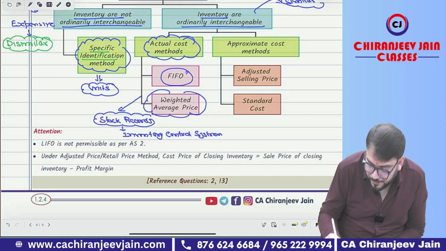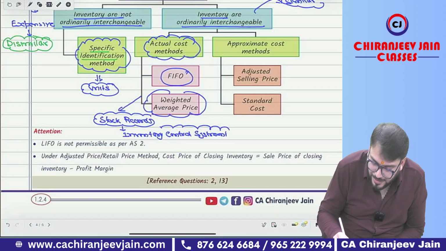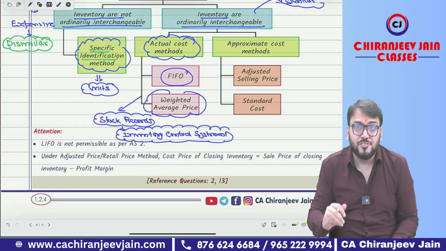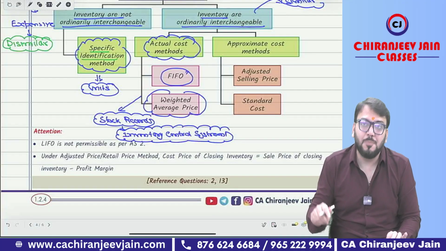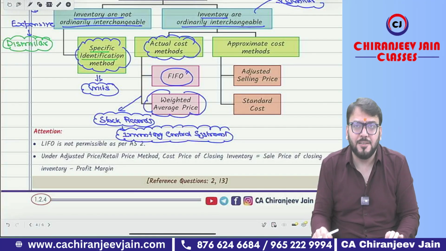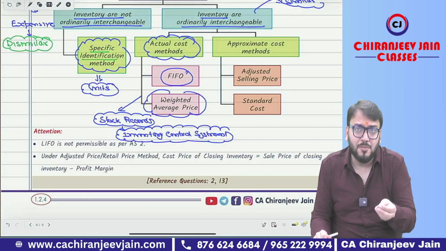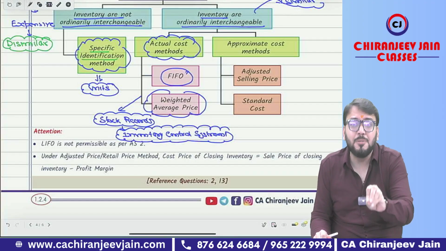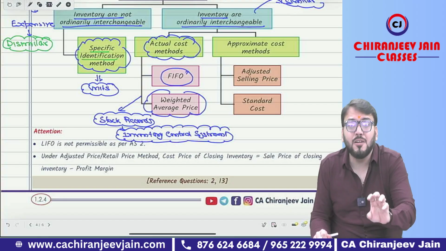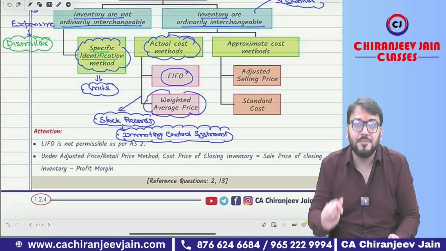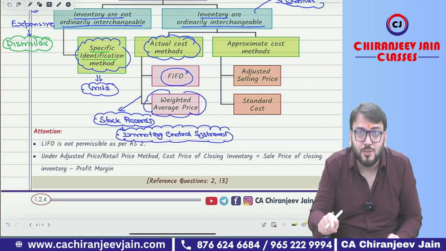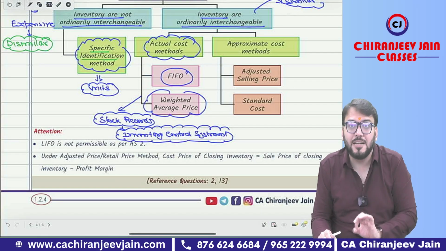Inventory control system means how much inventory was in opening stock, how much was purchased, how much was sold, and how much is left every day, on a daily basis. Only then can you apply FIFO or weighted average price method. But practically, not every business or entity maintains stock records. In that case, actual cost cannot be determined, and we can't apply FIFO or weighted average price method.